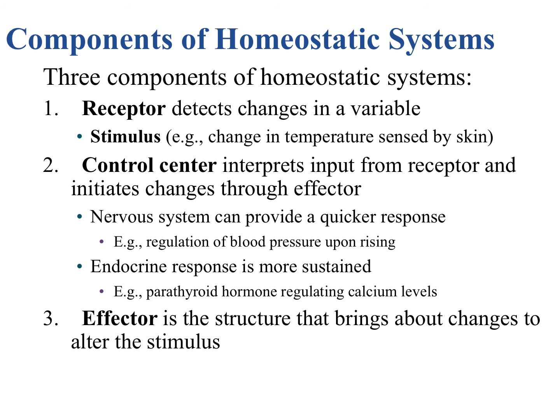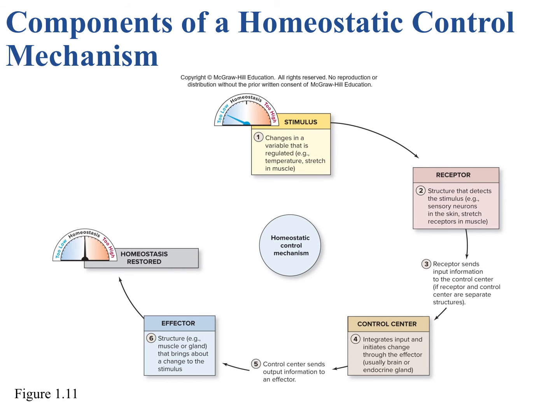Control center interprets that input from the receptor. All right? And initiates the appropriate response. Signals to the effector to carry it out. Hey, sweat glands, get on. Let's go. Hey, muscles, start shivering. We're cold. Okay? All of that goes through the same negative feedback.